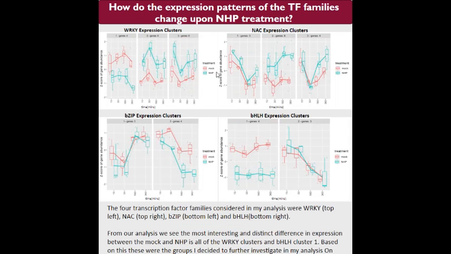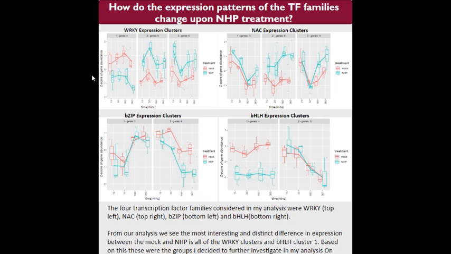So what were my results? As we can see, I created these gene expression clusters for the WRKY, NAC, bZIP, and bHLH families. From this, I chose to focus on these three WRKY clusters and the first cluster of the bHLH family. The reason for this is that they had the most obvious level of difference between the NHP and the mock groups.